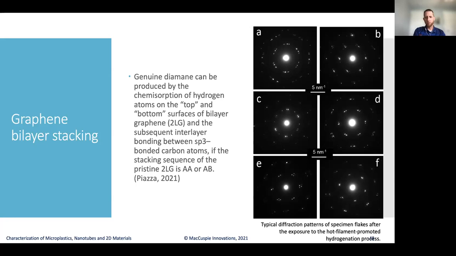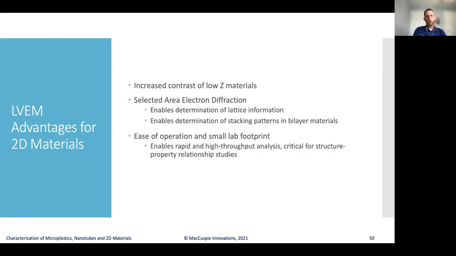depending on their process. And so all of this, again, is enabled by the electron microscopy and is performed with the low voltage electron microscopy in the selected area electron diffraction. So the increased contrast of the low Z materials is obviously an advantage for the low accelerating voltage.